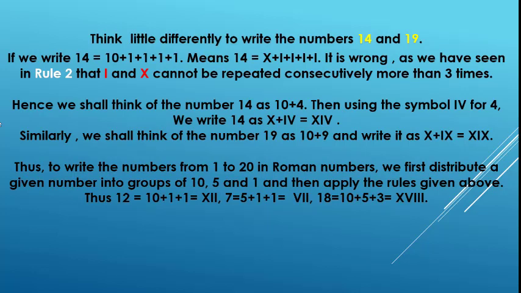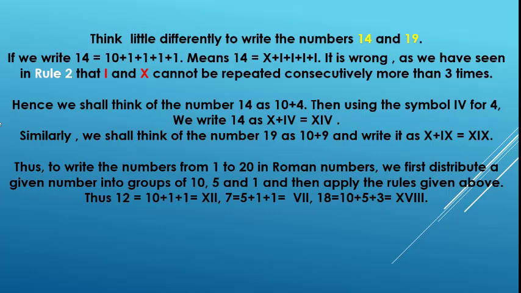We have to think a little differently to write the numbers 14 and 19. If we write 14 as 10 plus 1 plus 1 plus 1 plus 1, meaning X plus I plus I plus I plus I, it is wrong, as we have seen in rule 2 that I and X cannot be repeated consecutively more than 3 times.